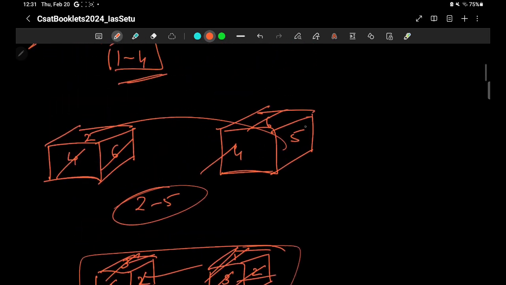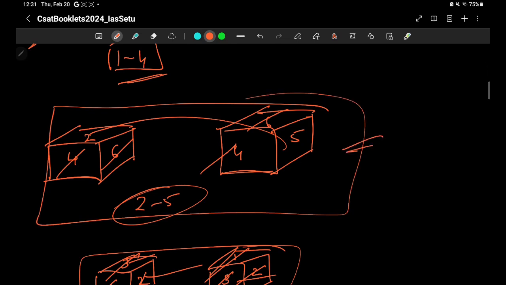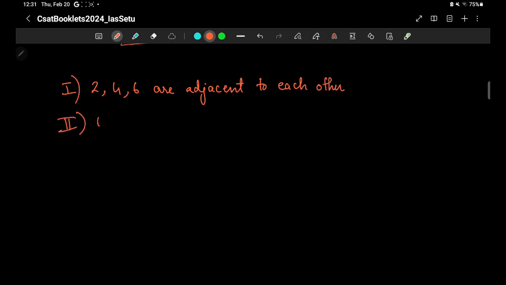This trick can be useful when statement based questions are being asked. For example, I'll write the statements here. First statement is 2, 4 and 6 are adjacent to each other. Second statement is 4, 5, 6 are adjacent to each other. We need to find the opposite of, let's say, 2.